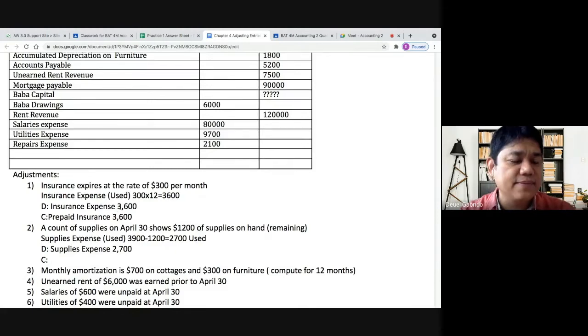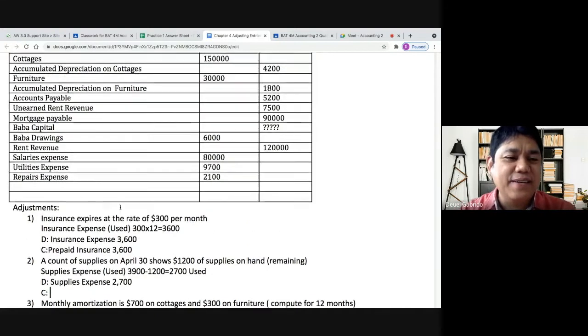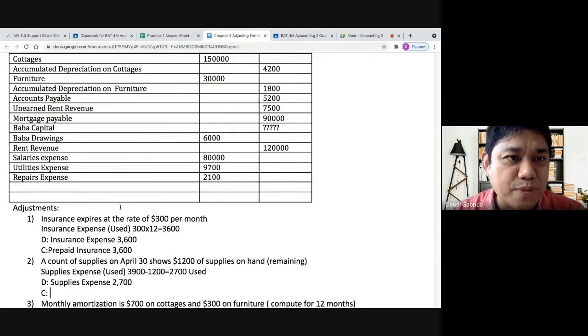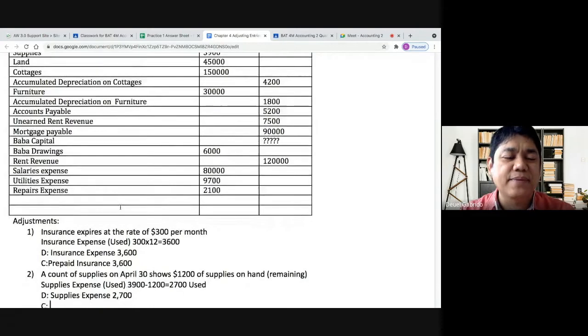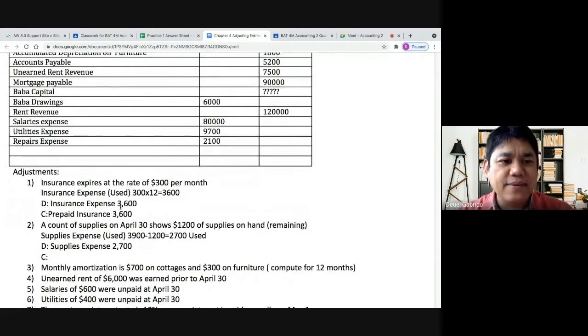What's going to happen to the supplies if we consume some of them? What should be the credit?